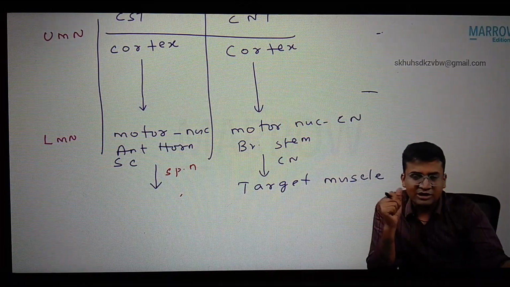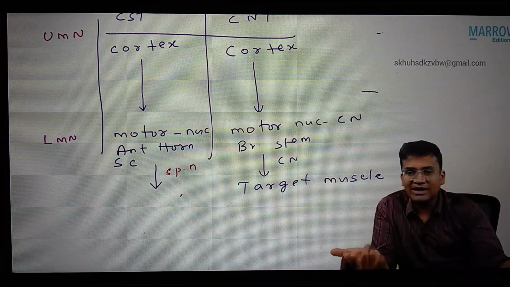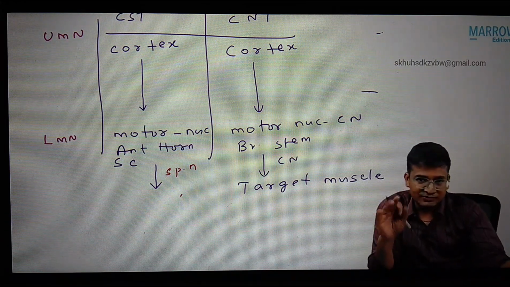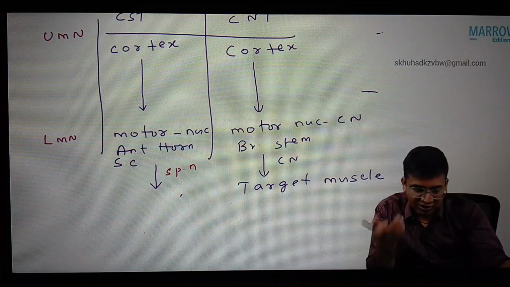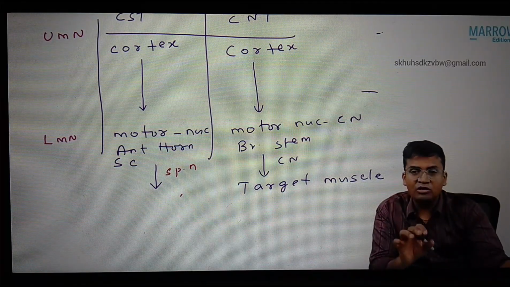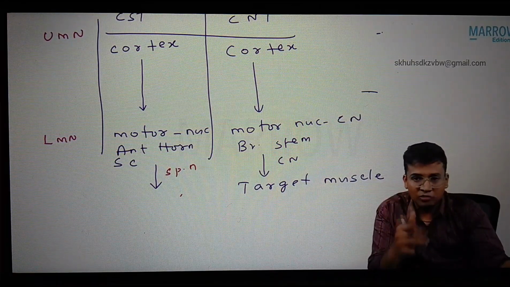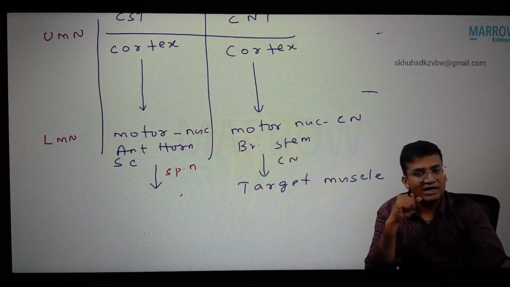From the hypoglossal nucleus, the hypoglossal nerve arises, which in turn supplies the target muscles, the tongue muscles. Similarly, for the third nerve, again the upper motor neuron is in the cortex. From it, the fibers come to the oculomotor nucleus in the midbrain. From the oculomotor nucleus, the oculomotor nerve arises, which in turn supplies the extraocular muscles except SO4 and LR6.